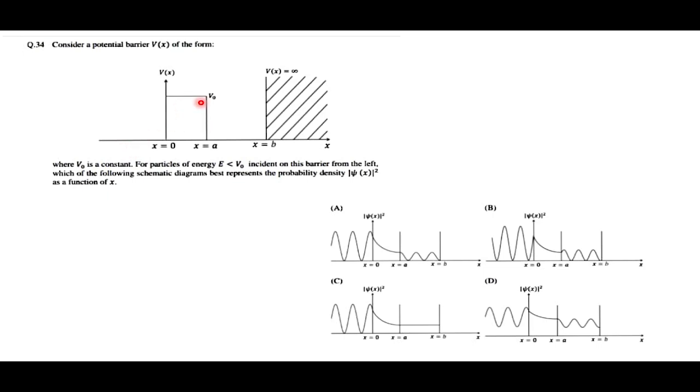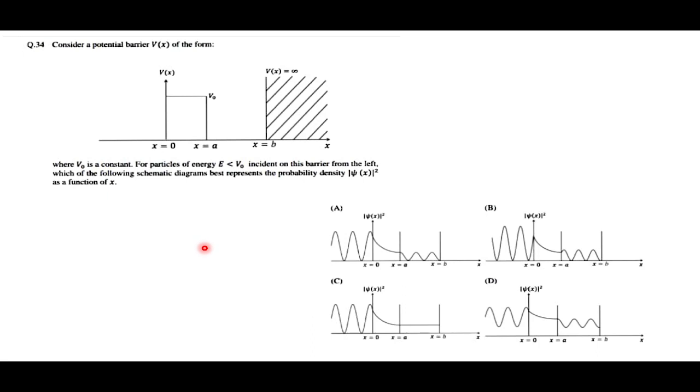There are two potential barriers, one finite and one infinite, at particular positions, where V naught is constant. It is given for particles of energy E less than V naught, incident on this barrier from the left. Which of the following schematic diagrams best represents the probability density, mod psi of x square, as a function of x? There are 4 plots given.